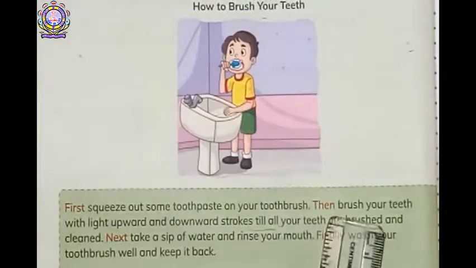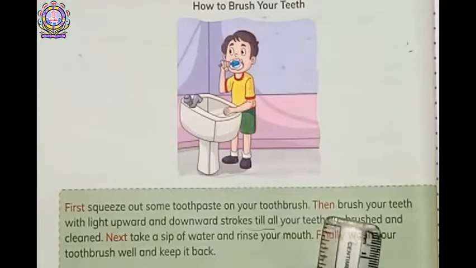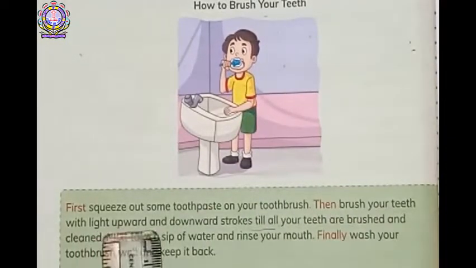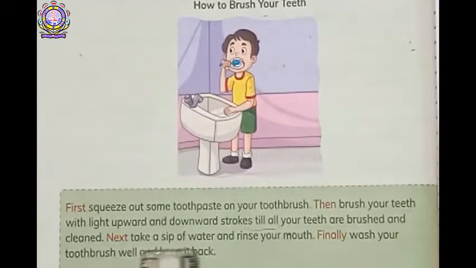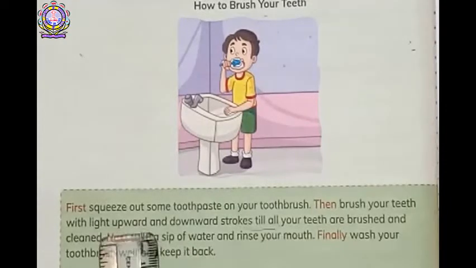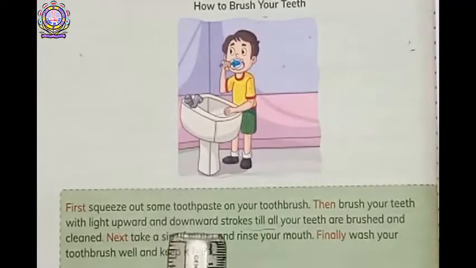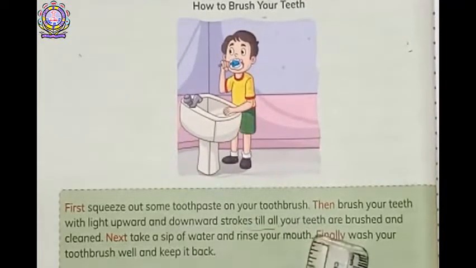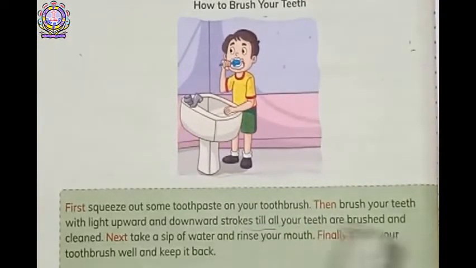Okay, and then what you do after, then you brush your teeth with light, not very hard strokes, means बहुत ज़्यादा तेज अपने ब्रश को नहीं आपने अपने दांत में मारना है. ठीक है, मारना मतलब करना है, ऊपर नीचे नहीं करना है. You have to do light upwards and downwards strokes till all your teeth are brushed and clean.